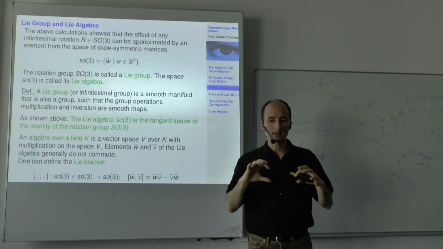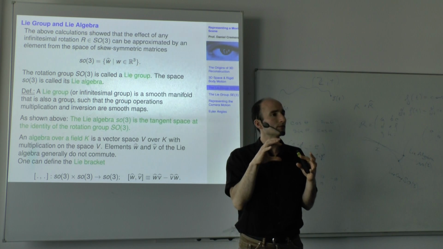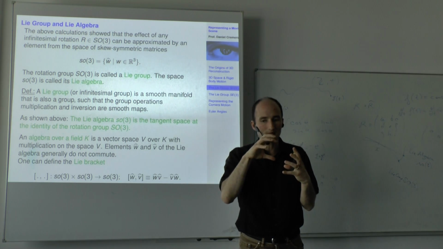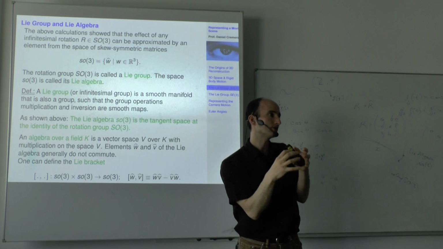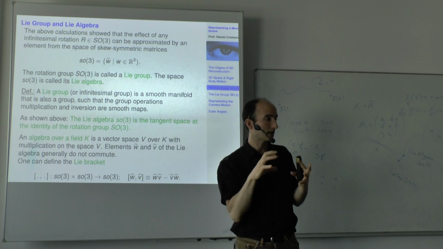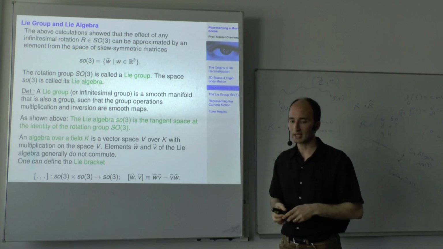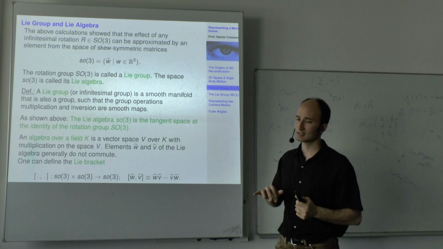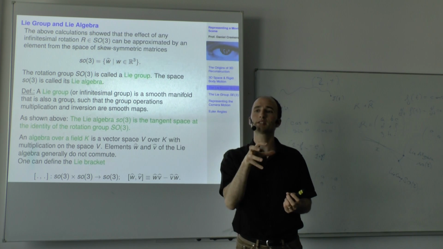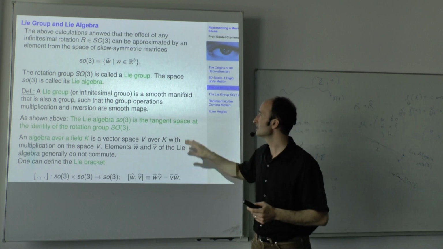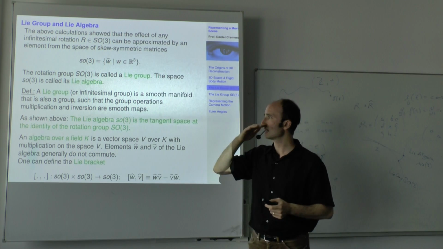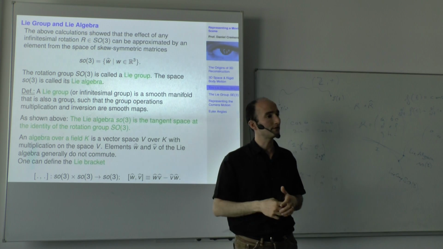In addition, they have this infinitesimal notion that I can move through that space of rotations continuously, and I always get a new rotation. And I can compute derivatives, so I can say how does the rotation matrix change with time, and this implies that what I have underlying is a manifold structure.